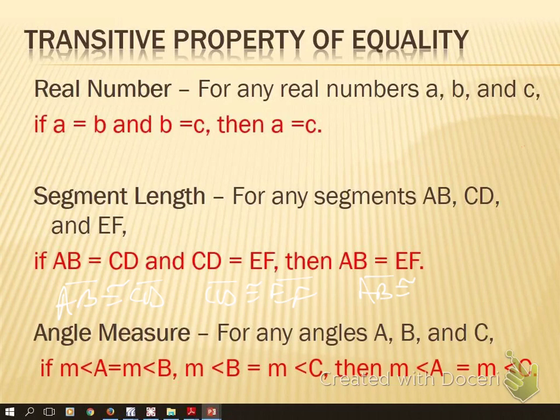The same thing for the angles. If angle A is congruent to angle B, and angle B is congruent to angle C, then of course angle A is going to be congruent to angle C. Okay? We're transferring that congruence through a middleman.